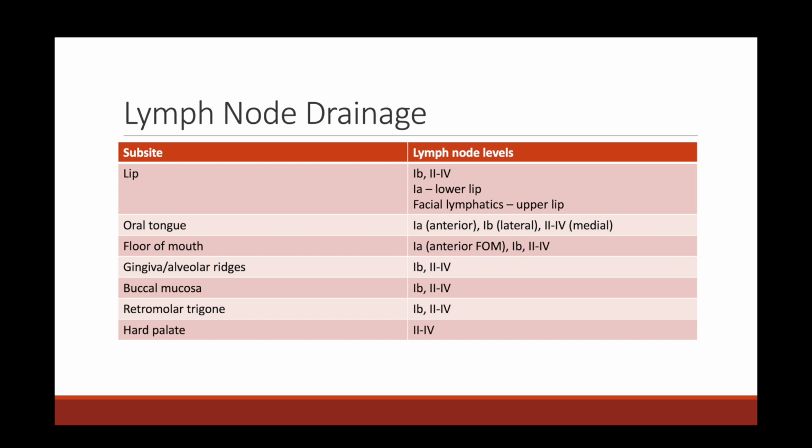If we have tumors that are more anteriorly located, so think your lower lip, the tip of your tongue, the anterior floor of your mouth, we're also going to think about covering the submental nodes, which are level 1A. So it's almost always 1B and 2 through 4 for oral cavity coverage. And then we add level 1A for things that are more anterior and inferiorly located. So lower lip, tip of tongue, and the anterior floor of mouth.